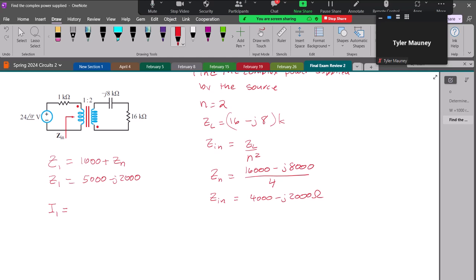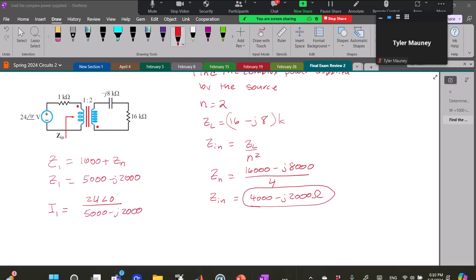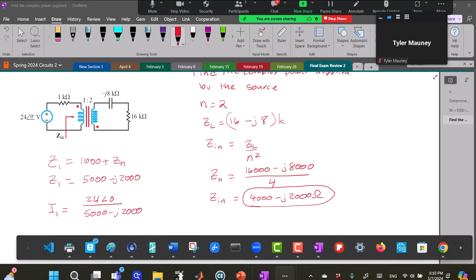And then I can get I1. I1 equals 24 angle 0 over 5,000 minus J 2,000. Did you say 5,000 minus J 2,000? Yeah. Zn was 4,000 minus J 2,000, never mind.